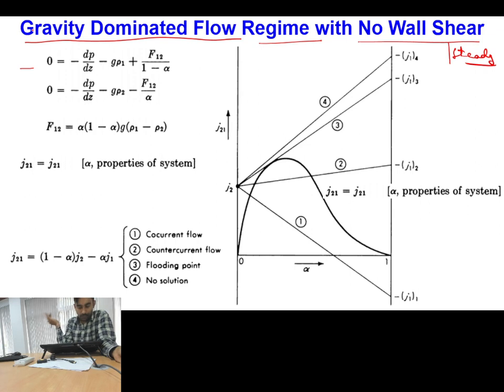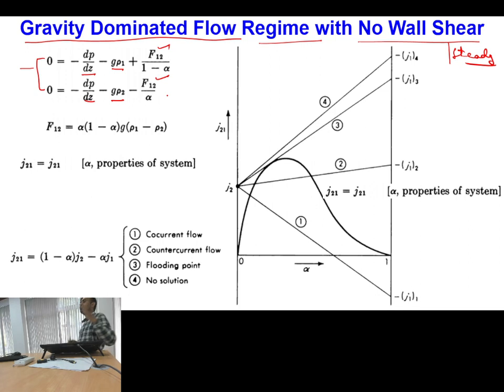If both these things are 0, then for individual phases the left hand side of the momentum equation will be 0, and in the right hand side I will get the pressure gradient term, the gravity term including individual densities, and one interaction force.